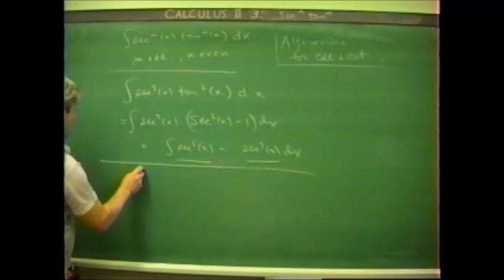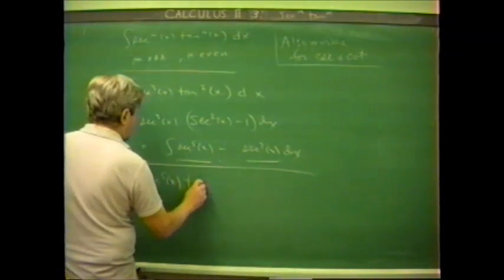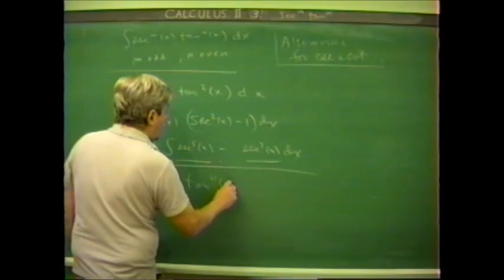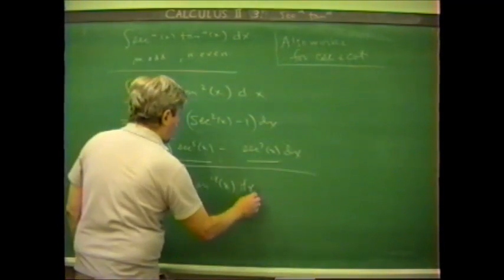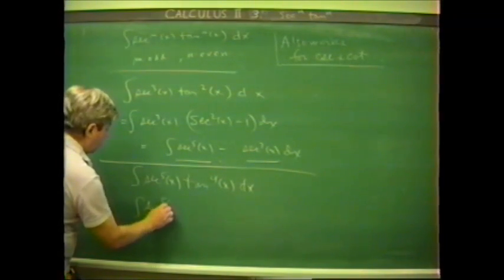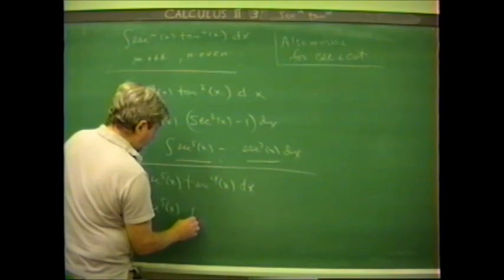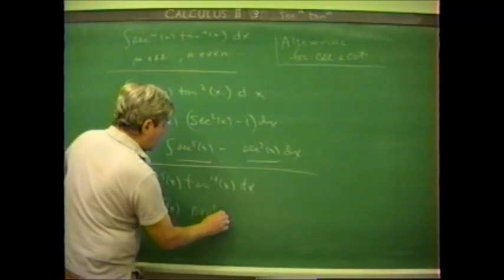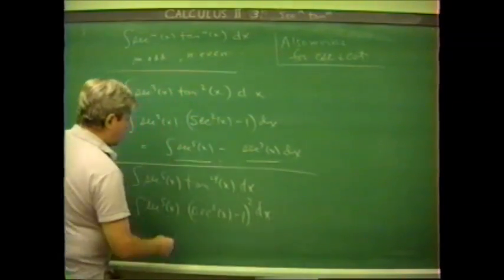Let's look at another one. Let's take a look at the antiderivative of secant to the fifth of x tangent to the fourth of x dx. We've got secant to the fifth of x. We change the tangent to the fourth all over into secants. So we have secant squared of x minus 1 quantity squared dx.